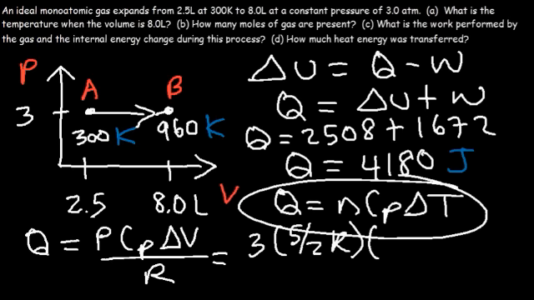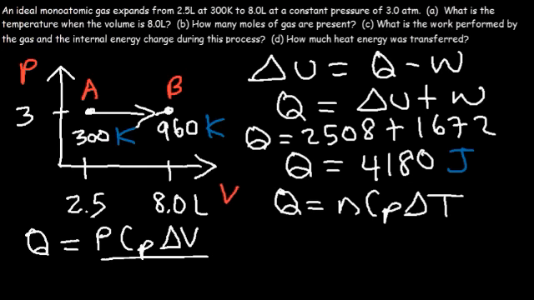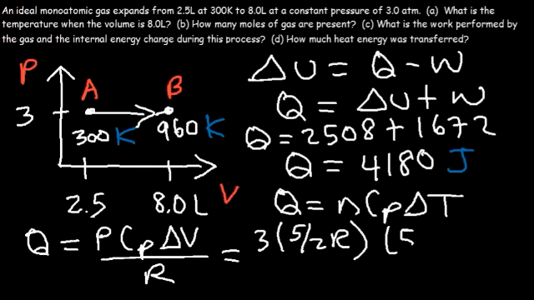And delta V is 8 liters minus 2.5, so that's a change of positive 5.5. Let me get rid of something first, since this is in the way. Now, I really don't have to plug in the R value, because as you can see, R will cancel.